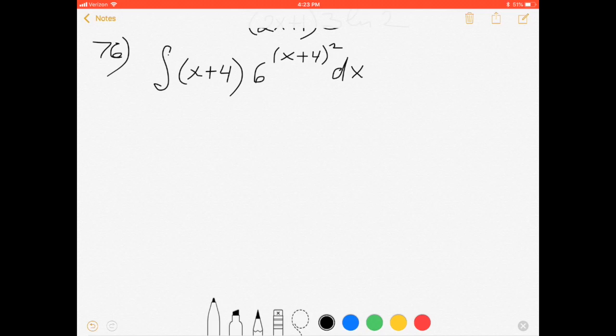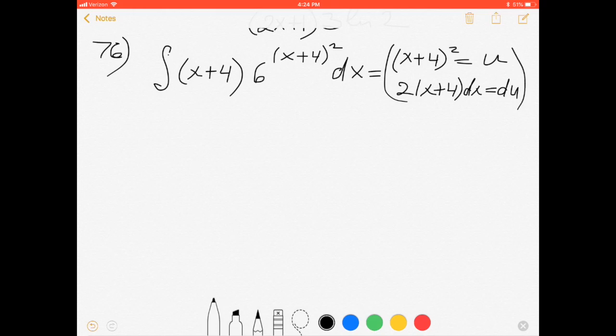We can see we have a substitution, whereas (x plus 4) squared we substitute with a new variable, let's say u. Then twice (x plus 4) dx will be du. Using this substitution, our integral becomes easy. Rewrite it as 6 to the power u du.